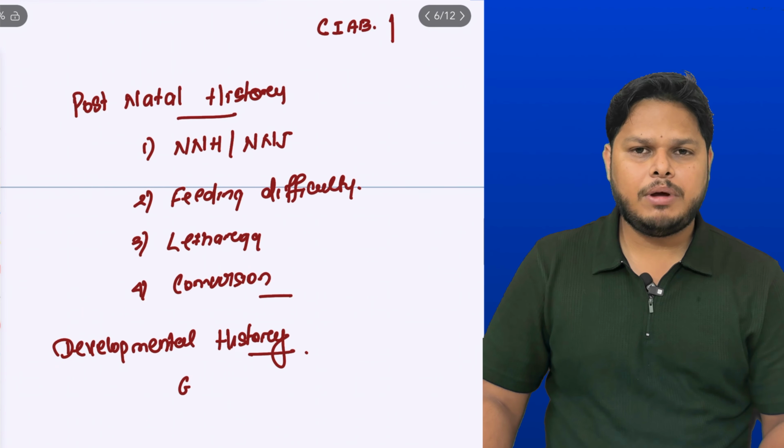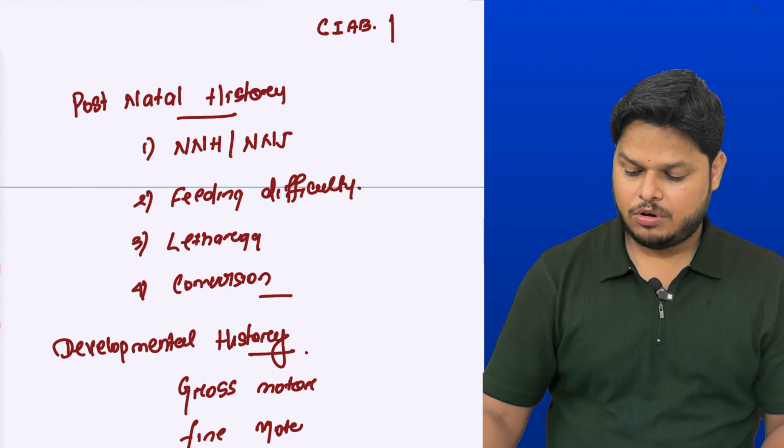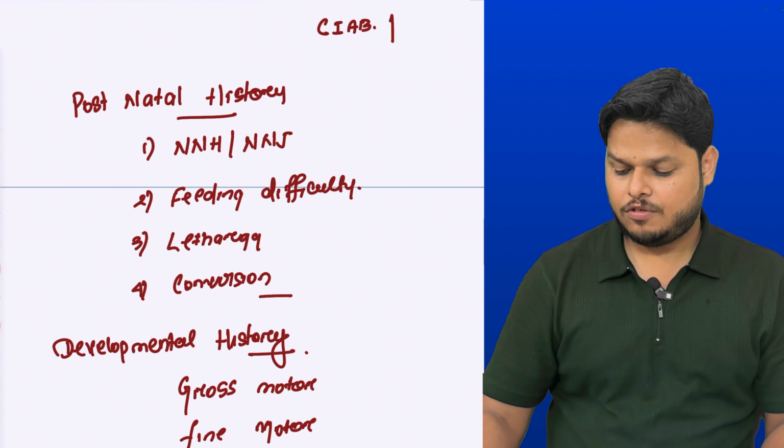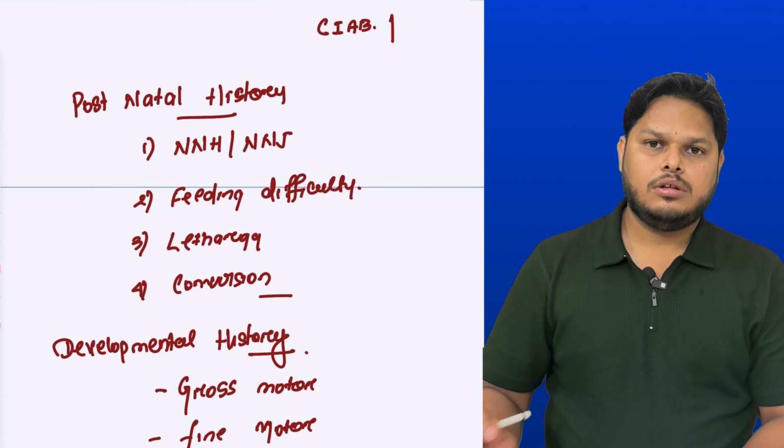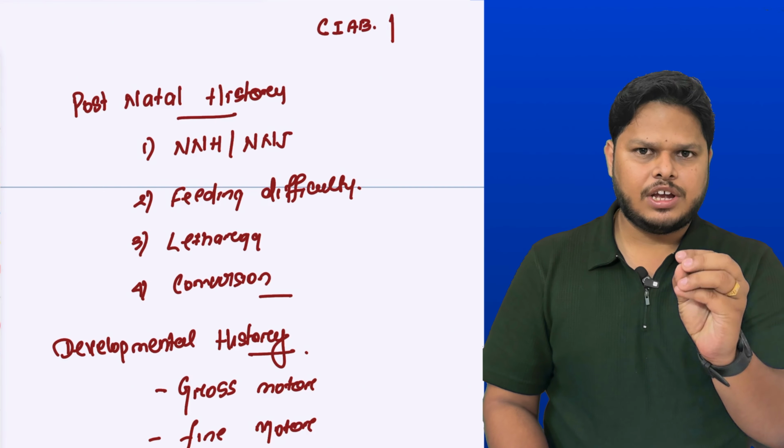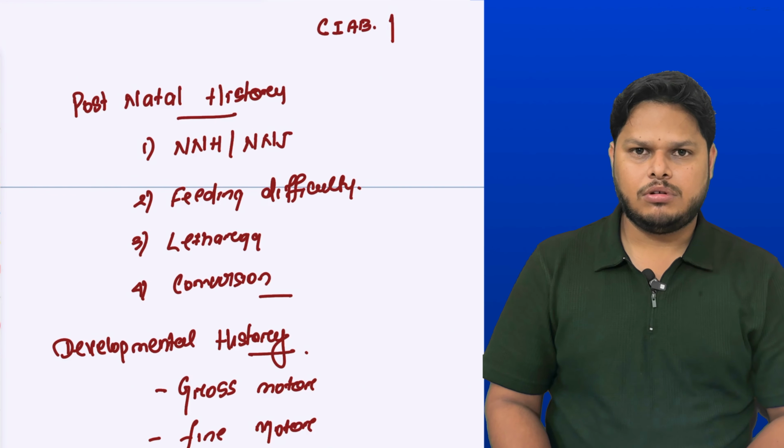Gross motor, fine motor, language, and social. There is a detailed list which I will be providing. It's also in our guidebook. There is a detailed list at which age the child is expected to attain what milestone.